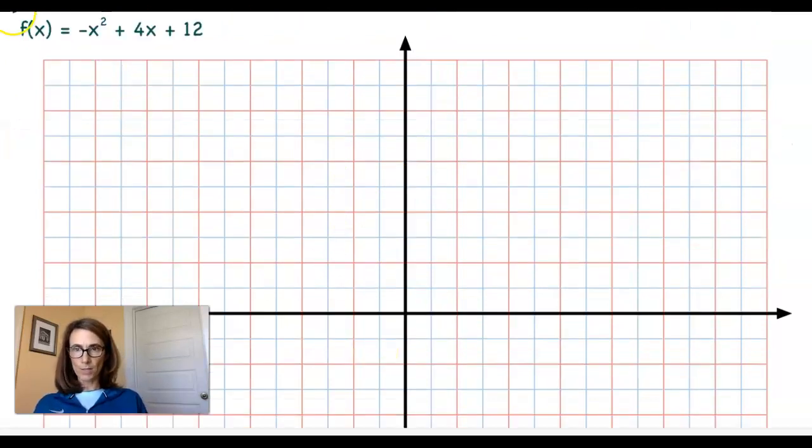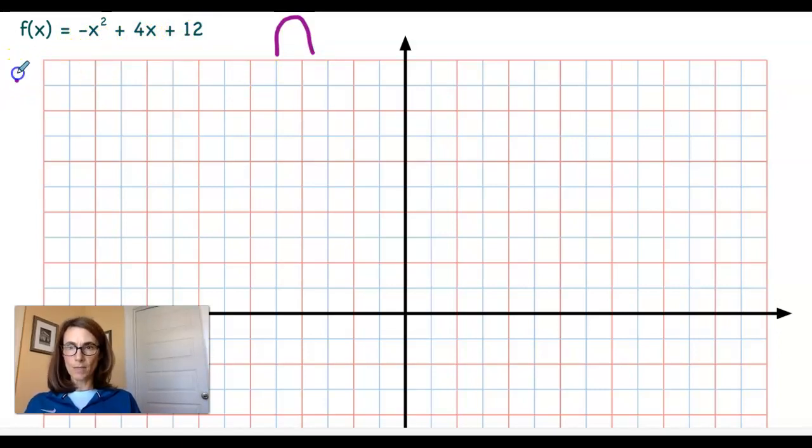All right, let's try another example. The first thing we want to look at is our a value, which is negative 1. That means our parabola is going to open down. So a is negative 1, b is 4, c is 12.